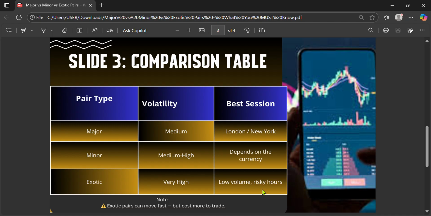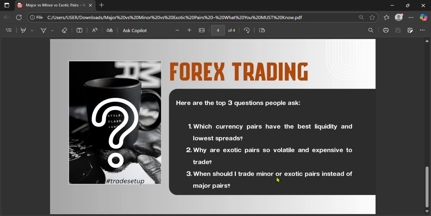So the volume of transaction is very low, and we have the risky hours. It's most times very risky for exotic pairs. So you hardly can find people trading these exotic pairs, but they trade it. Exotic pairs can move fast, but cost more to trade. Note that: cost more to trade. You can't compare it with other pairs.